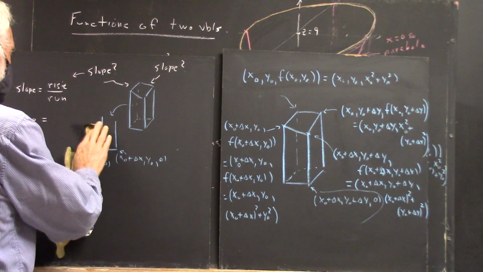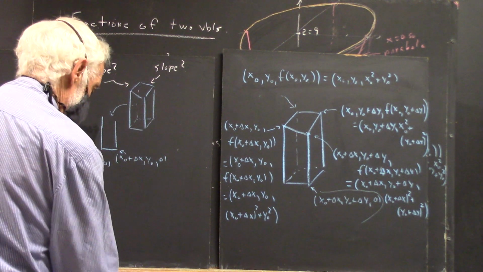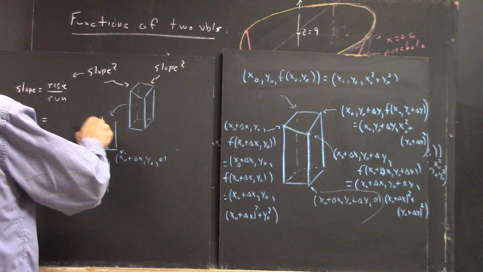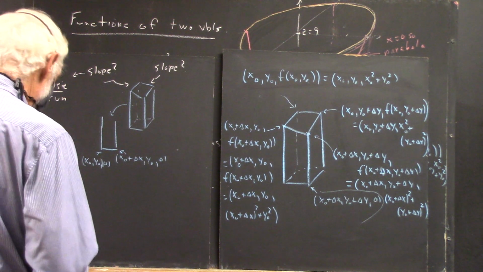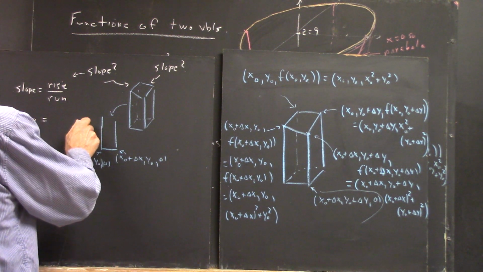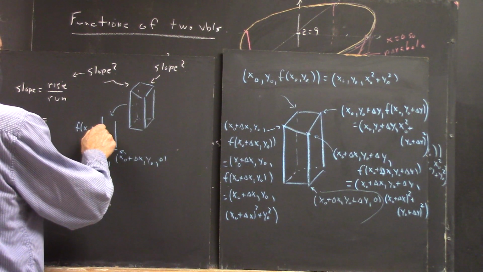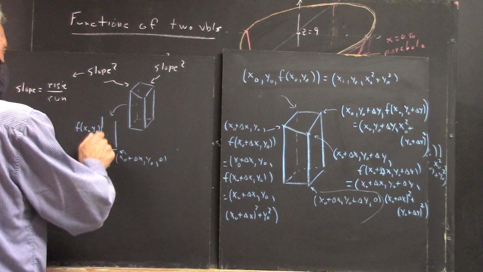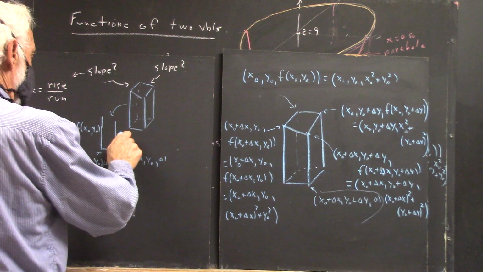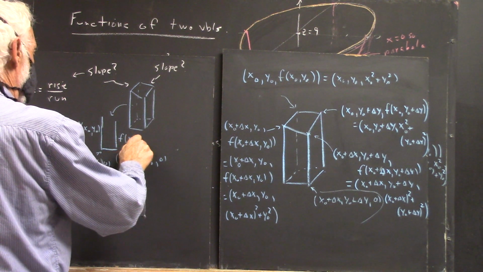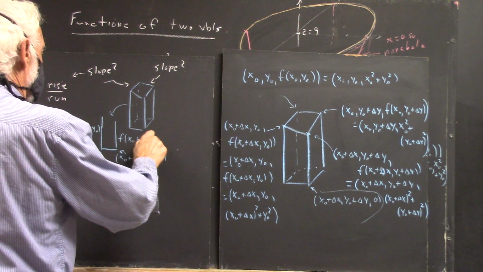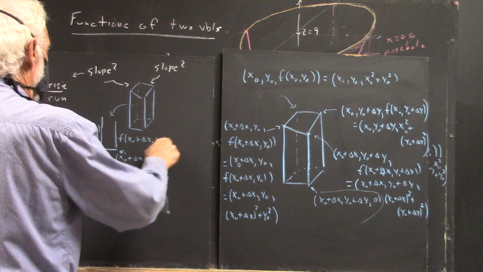Instead of writing out what I should, I'm writing out what's correct. Okay. This side is f of x naught, y naught. This side is f of x naught plus delta x, y naught.